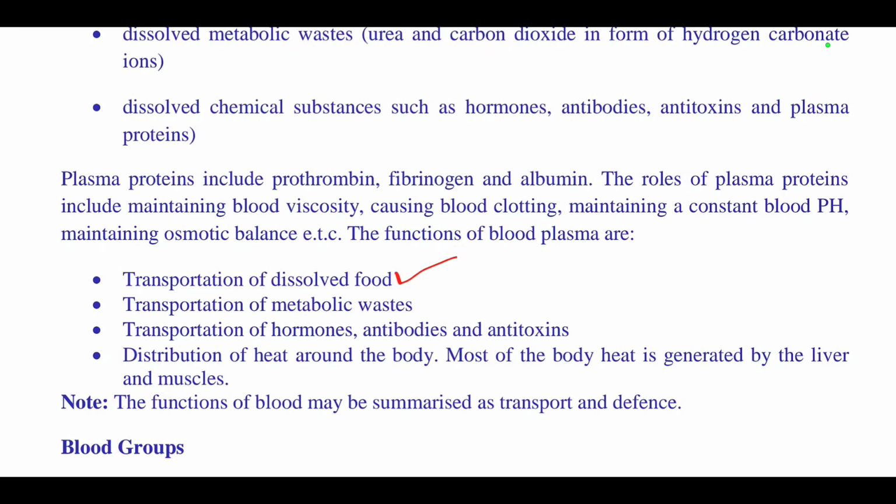Since plasma contains water and dissolved substances, and under dissolved substances we have dissolved food substances, dissolved metabolic waste, and dissolved chemical substances, blood plasma has the function of transporting dissolved food, transporting metabolic wastes, and also transportation of hormones, antibodies, and toxins. Are we together, guys? Very good.